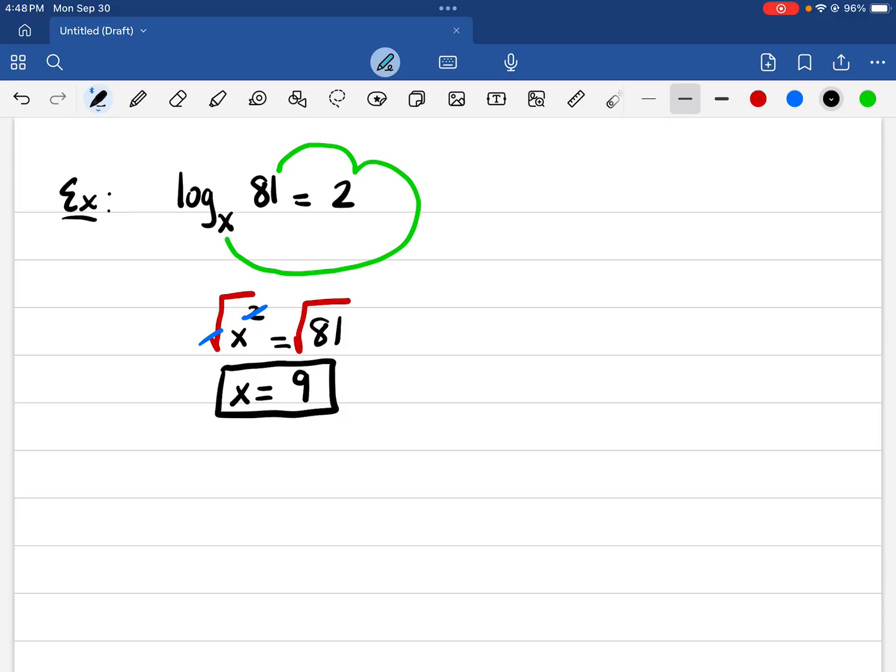And so just a simple example there of how you can use that loggy froggy again to change something that is in log form to exponential to help you solve.